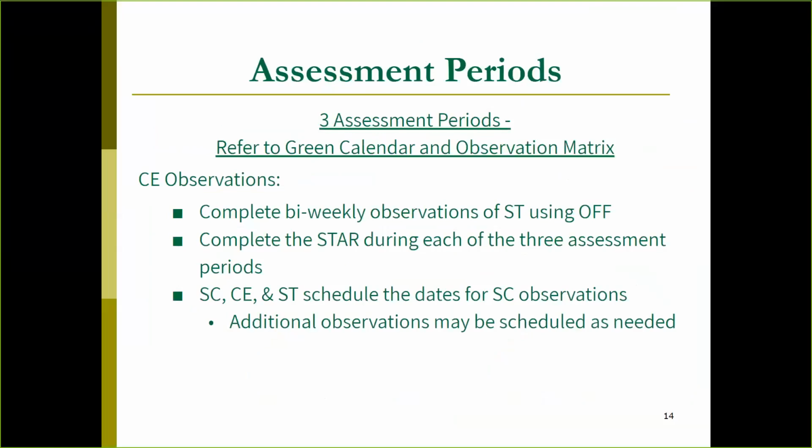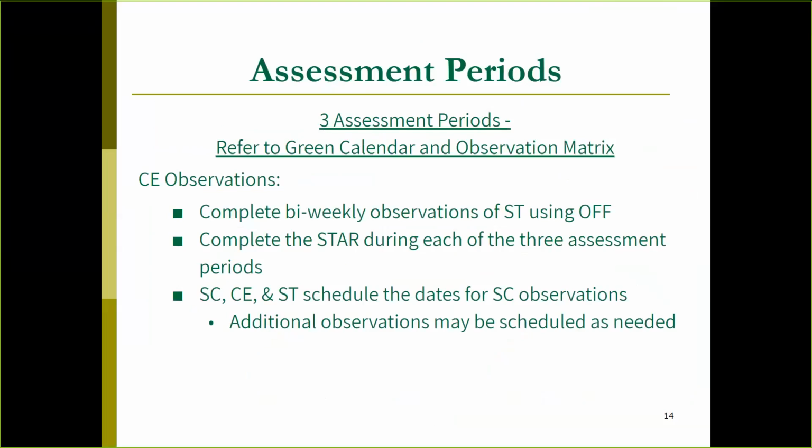We call it the green calendar, and it breaks down the specific dates for each of these assessment periods. And there's also an observation matrix that your assigned site coordinator can provide for you as well. And this will kind of give you more information about what takes place in each of these assessment periods.